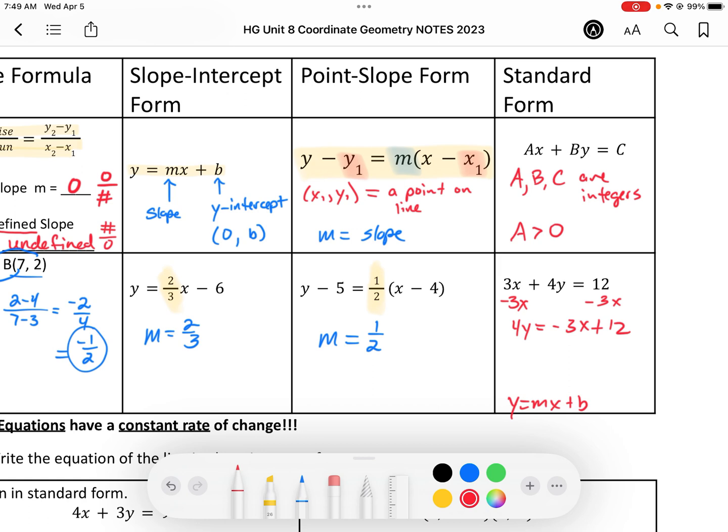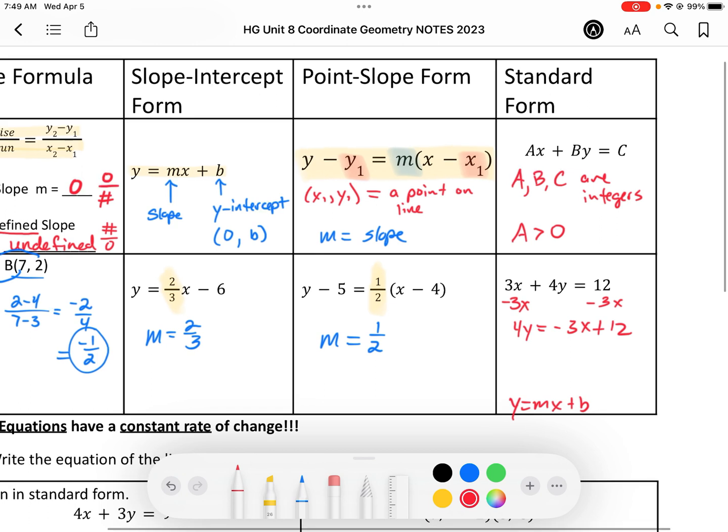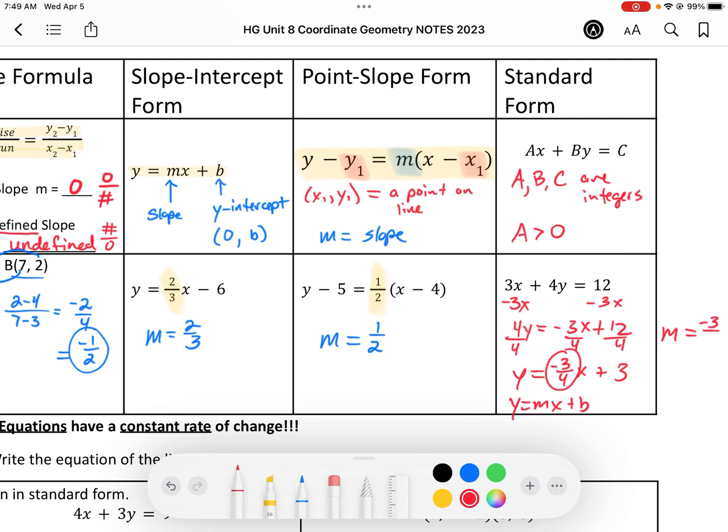I want to put my minus 3x in front of the 12 so that I can get it looking more like slope-intercept form. And the last step is to divide by that 4 everywhere to cancel it out. So my equation is actually y equals negative 3/4 x plus 3. So there's your slope. The slope for this one is negative 3/4.